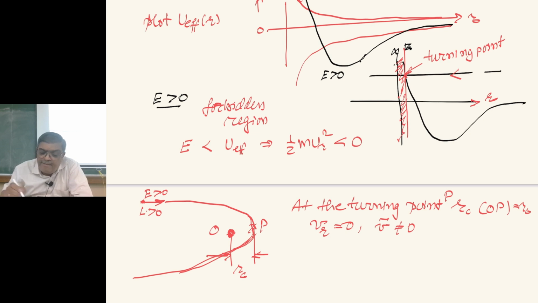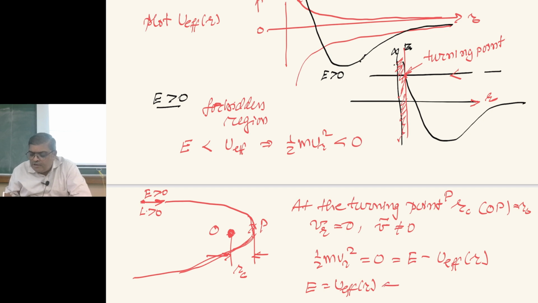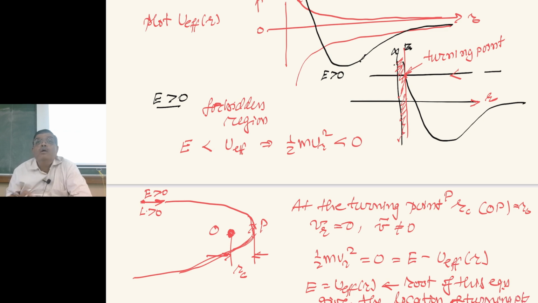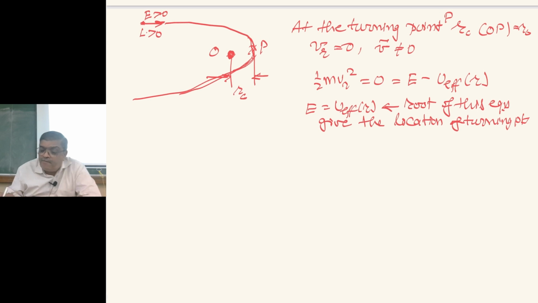So therefore I should have 1/2 m VR squared, which has to be 0, is equal to E minus U effective of R. So therefore, I must have E is equal to U effective of R. So the root of this equation will give the turning points, will give the location of turning points. Is that right? So let's then try to use that fact.